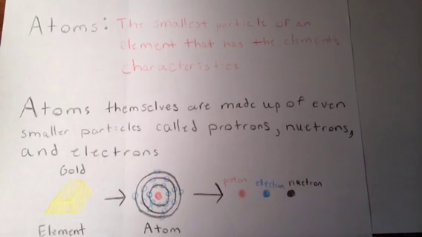Well, if we're made of matter, and matter is made of elements, then what are elements made of? The answer is atoms. Atoms are the smallest particles of an element that has the element's characteristics. Atoms themselves are made up of even smaller particles called protons, neutrons, and electrons.